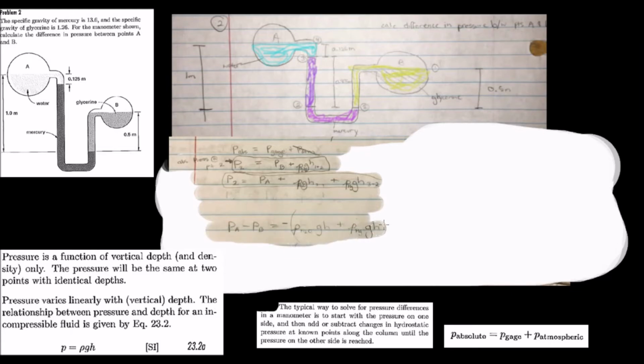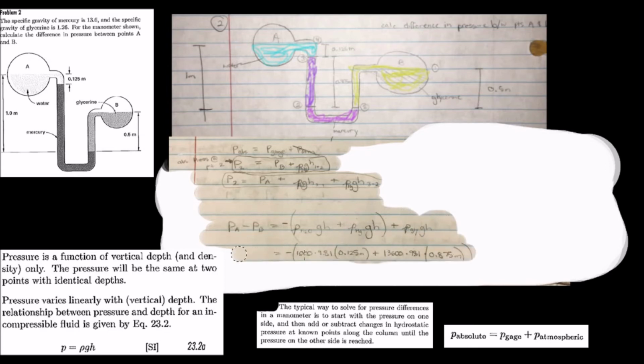And then from there, we are able to do our system of linear equations and solve, and we are able to get PA minus PB on one side. You will get a long equation like this, and we're able to plug in and get an answer.